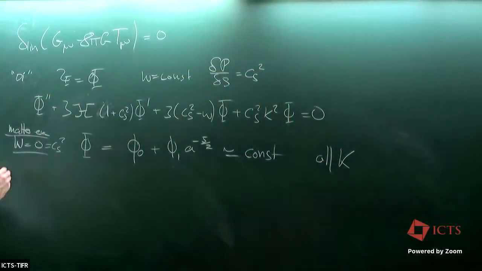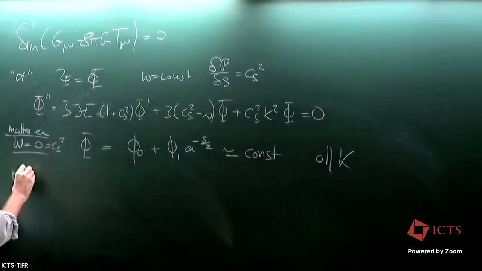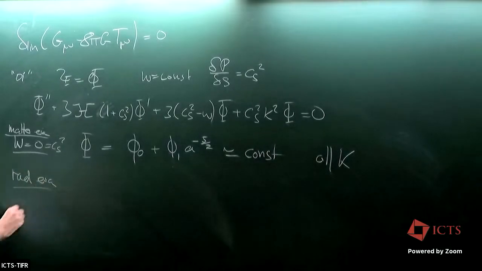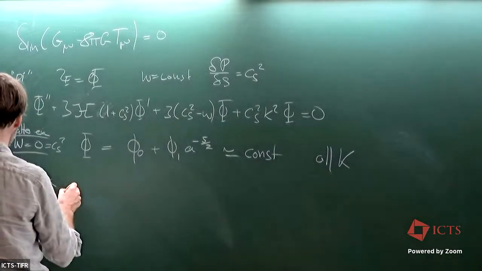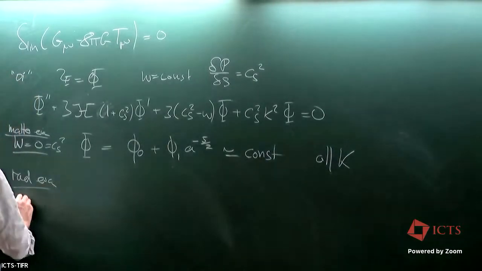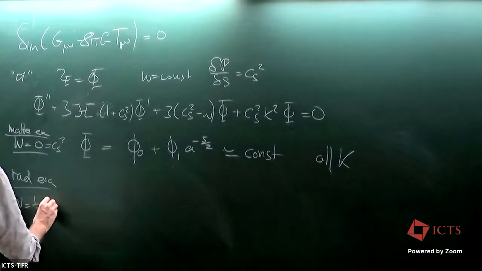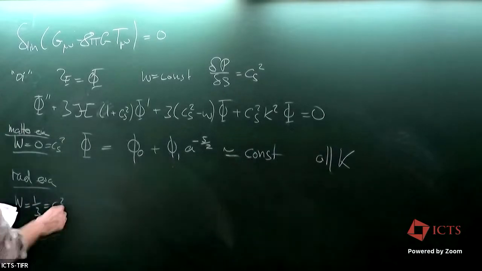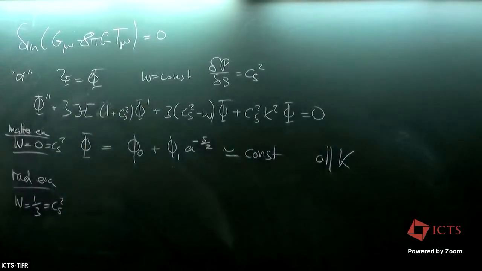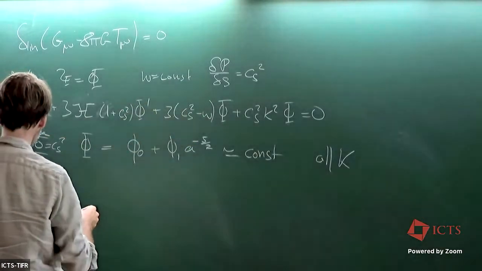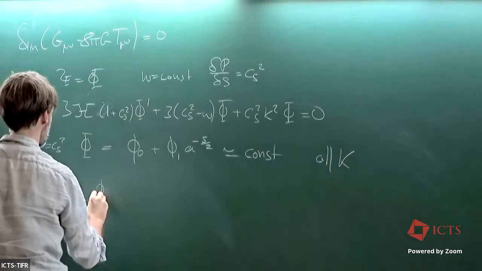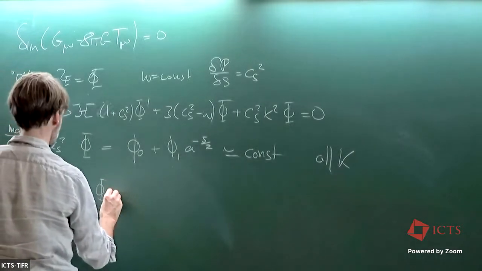And the radiation era, here we assume w is a third. Then we can solve this equation analytically in that case. You can check that this is the right solution.